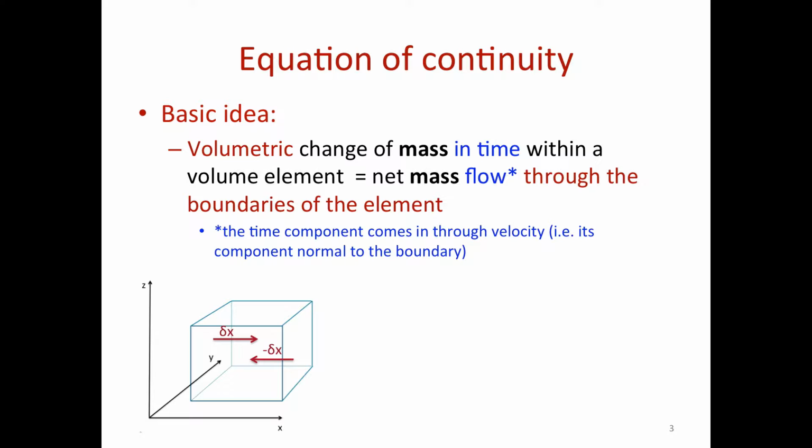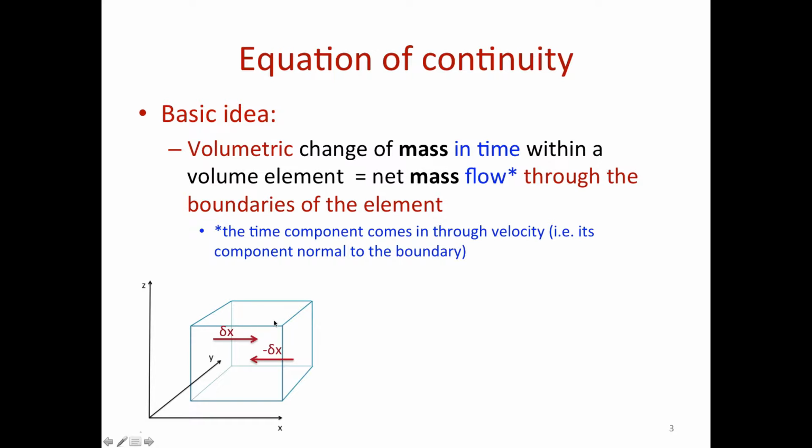where is the normal to this and what is the inward versus outward defined normal to the surface of this element. So basically, if I'm looking at the inward pointing normal, if this is my element, it's pointing in the negative x direction on this side. It's pointing in the positive x direction on this side. Likewise, if I look at y and z, at this bottom it would point upwards, so in positive y direction, so that would be delta y.